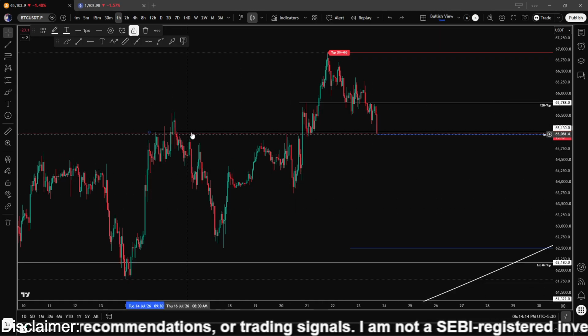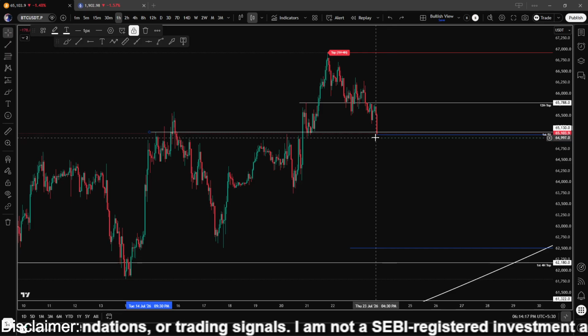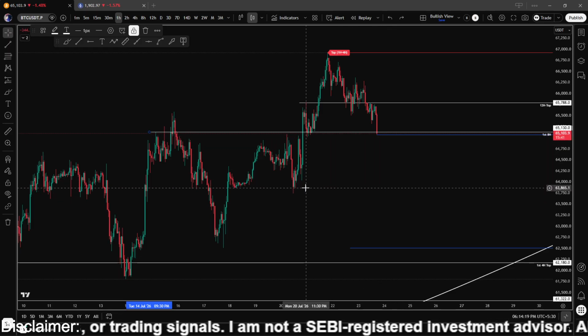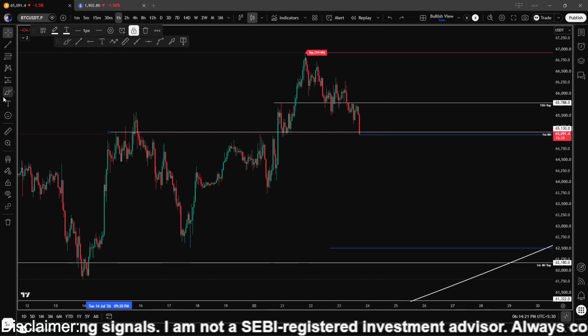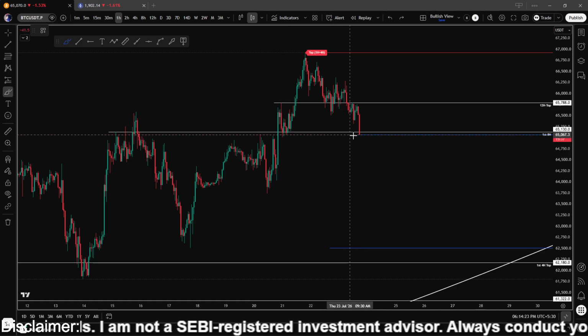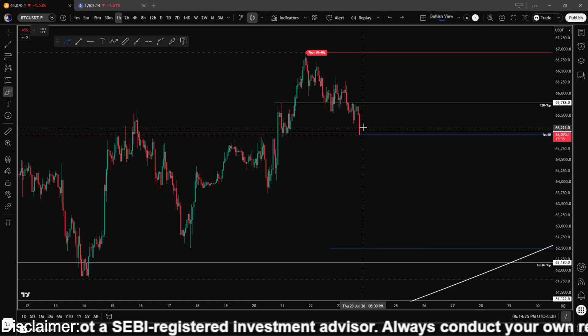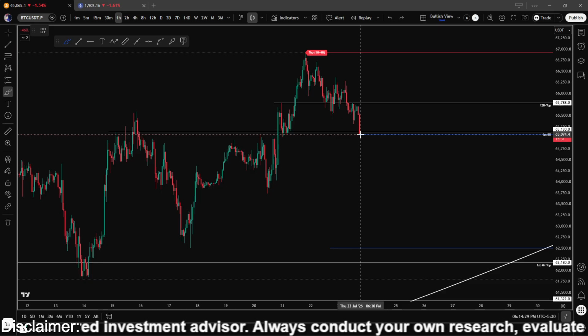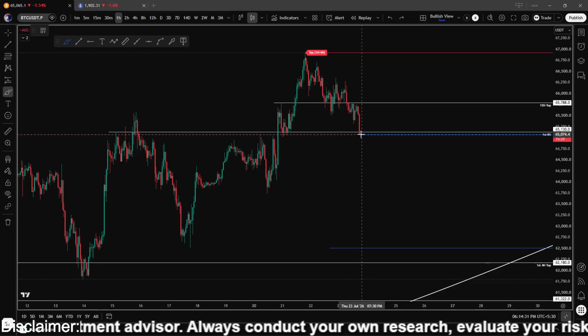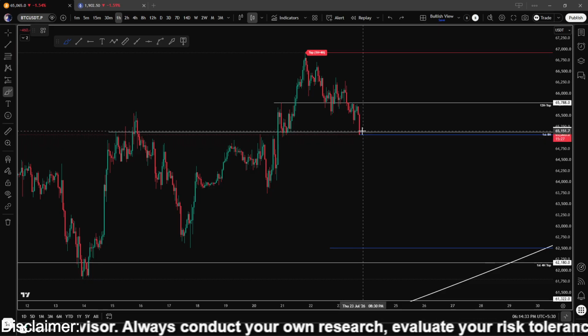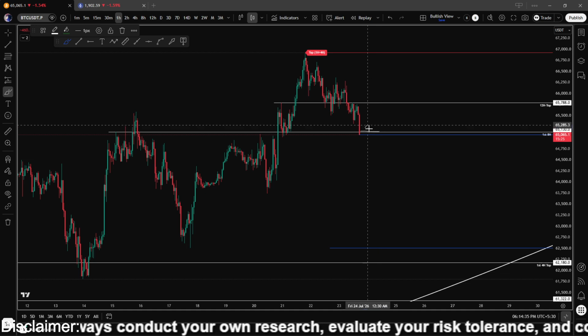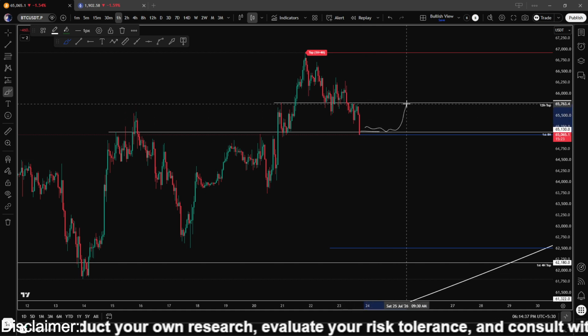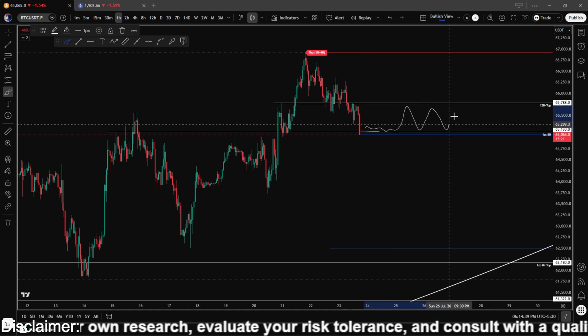So this is the level which BTC has as a kind of support. As long as BTC is trading above it, or if price closed above this level, then we have some sort of consolidation inside this level.